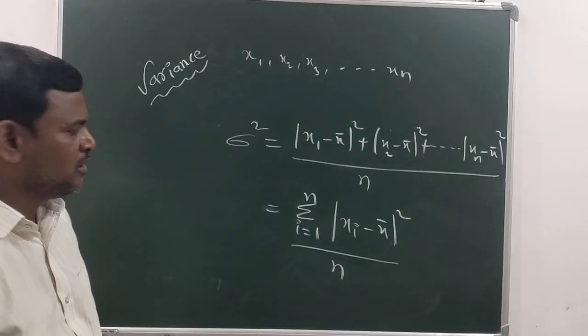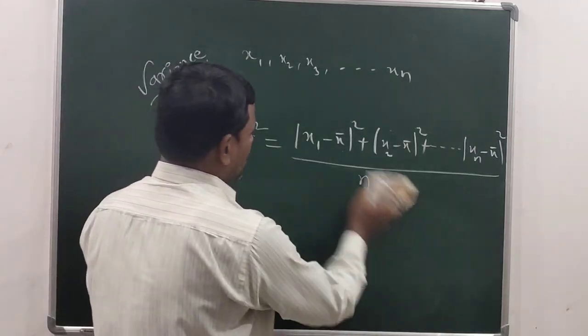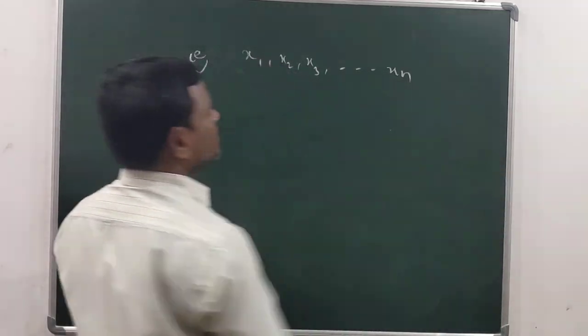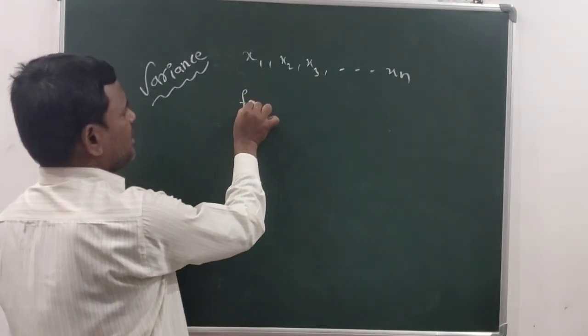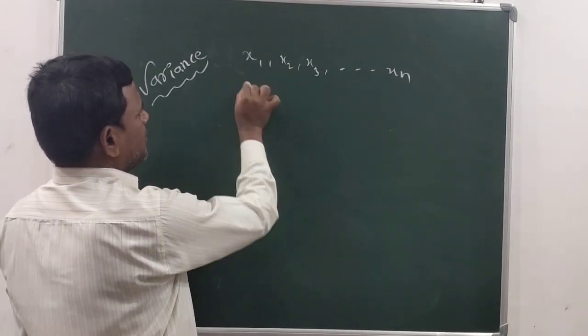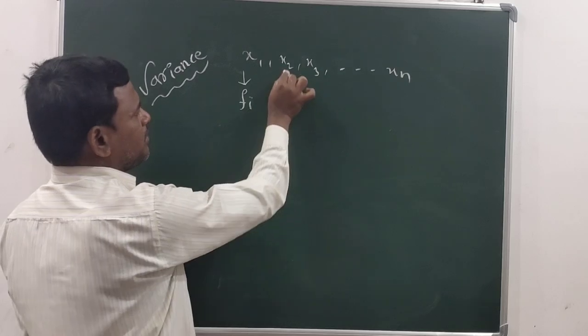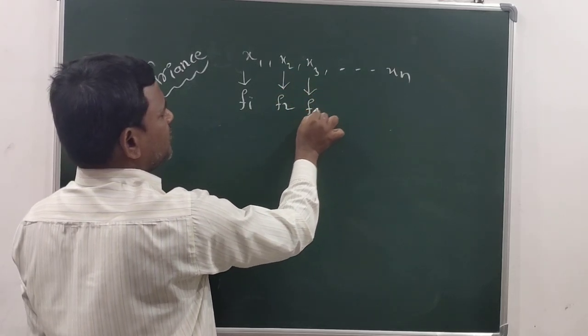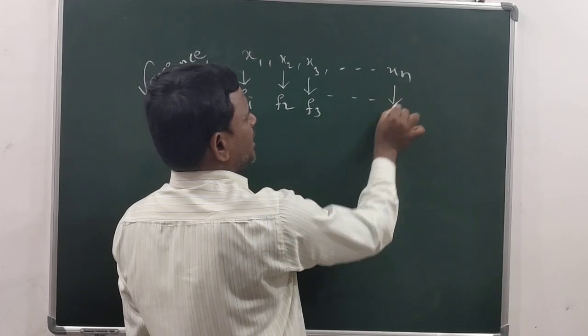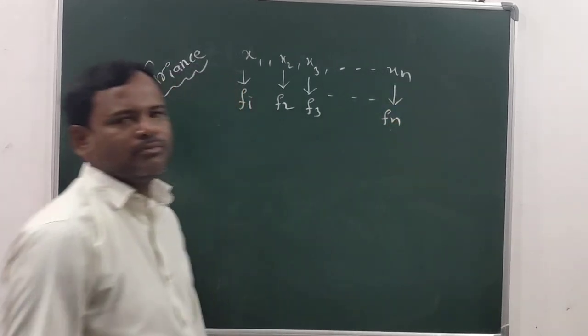Okay students, but sometimes along with these observations, what will be given to you? Frequencies like f1, x1 occurs f1 times, x2 occurs f2 times, x3 occurs f3 times and so on, xn occurs fn times.